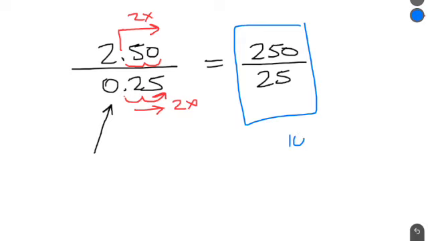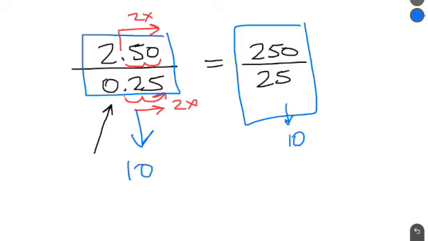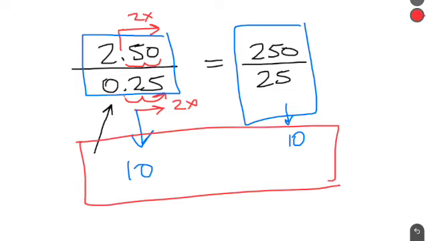Now the second problem is 2.5 divided by 0.25. The answer is 10. This is just a way for you to see that our approach is correct.